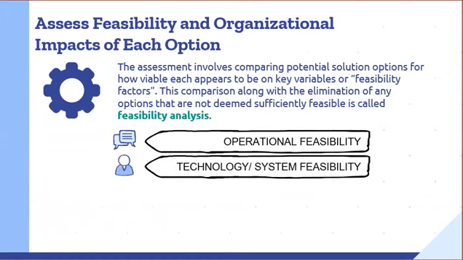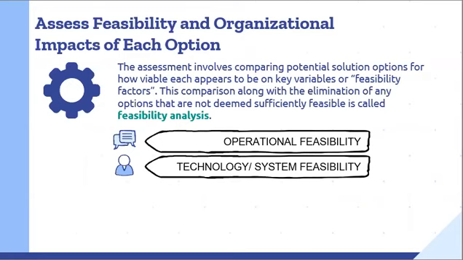The next one is about technology system feasibility. Technology feasibility pertains to whether or not the technology and technical skills exist or can be affordably obtained to adopt and support the proposed change.